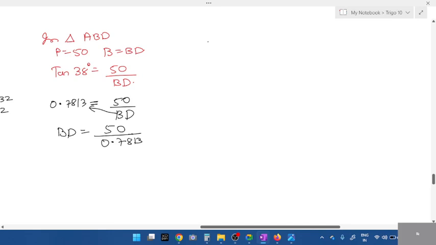Tan 38 degrees is given, students. Instead of tan 38, what you do? Convert this tan 38 into cot. What is tan 38 if you convert into cot? Cot 90 minus 38. What is 90 minus 38?